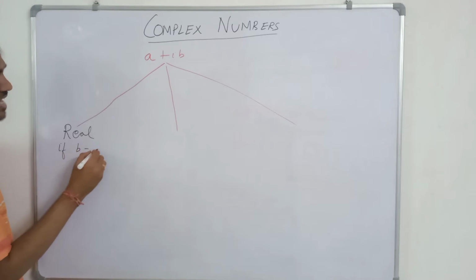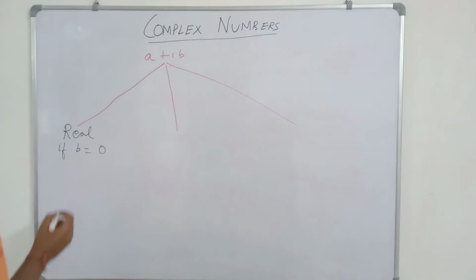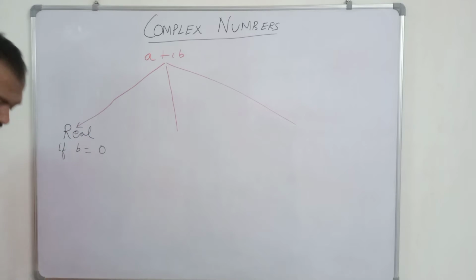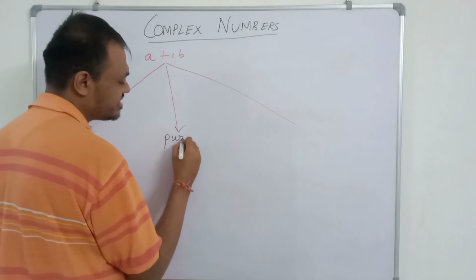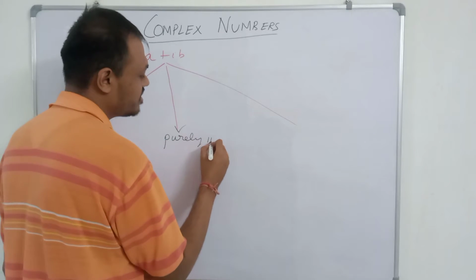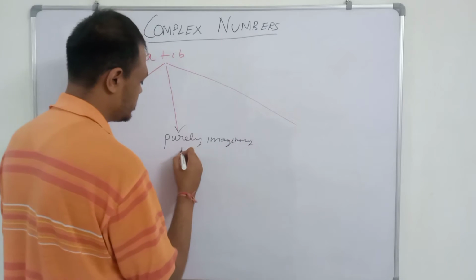If b is 0, then the number is only a and it is a real number only. Then they are purely imaginary if a is 0.